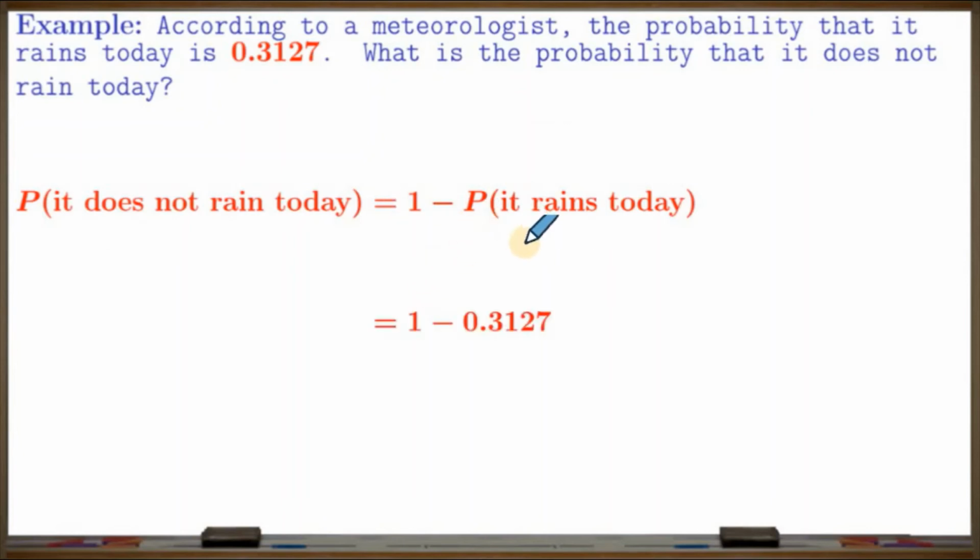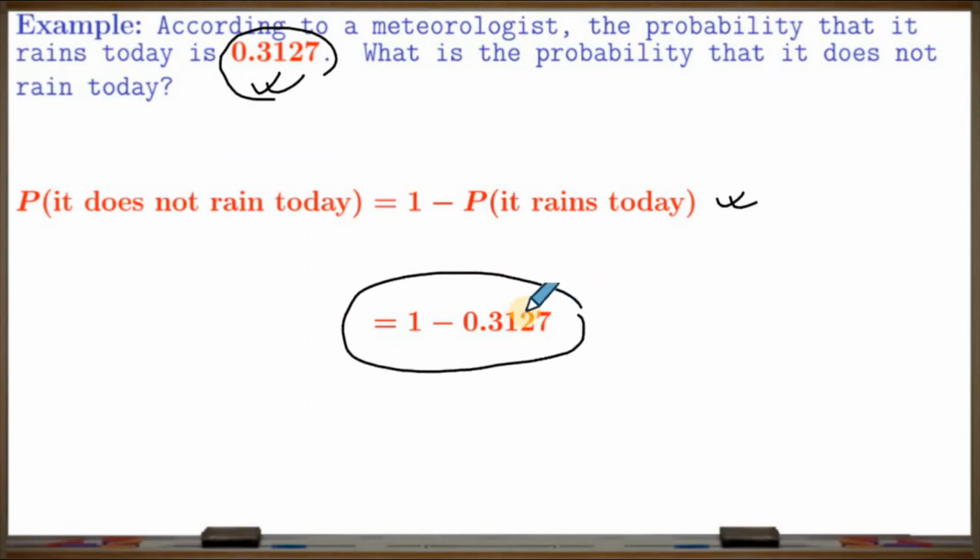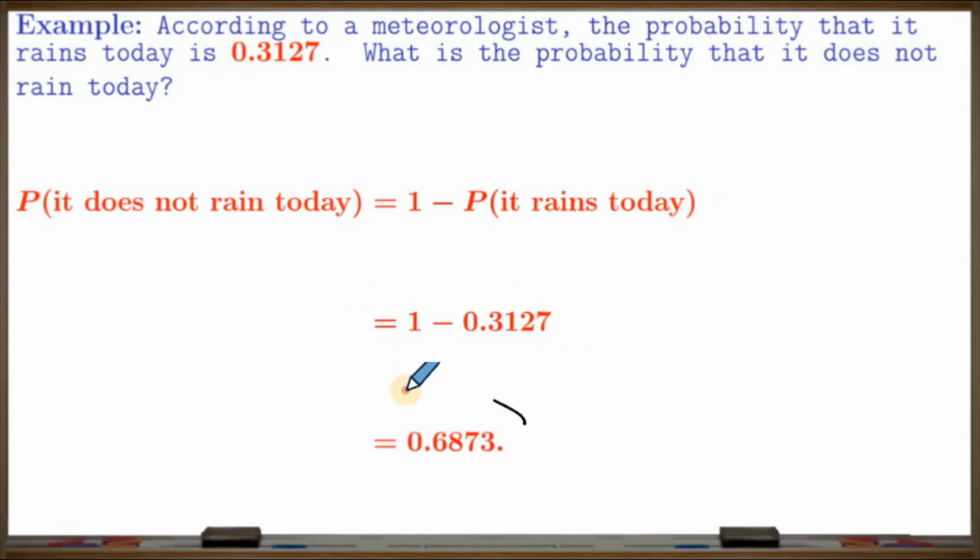Since we know the probability it rains today is 0.3127 from here, all we can do is plug in that number in this formula. So we get this, which is also equal to 0.6873. So the probability it does not rain today is this.